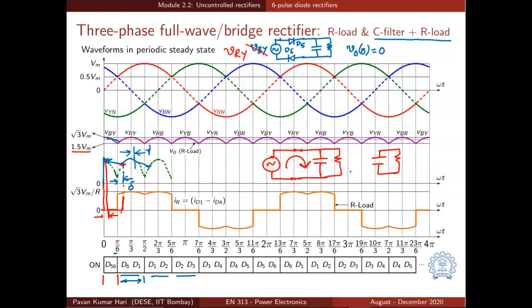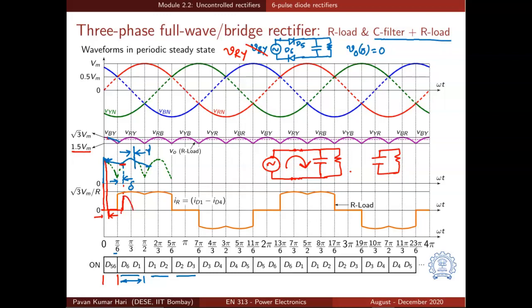Peak of current can be calculated in the same way that was followed for single phase rectifiers. We will see expressions soon. Once the diode starts conducting, that is from pi by 6 plus delta, the current follows a sinusoidal shape. We know how to determine this shape.